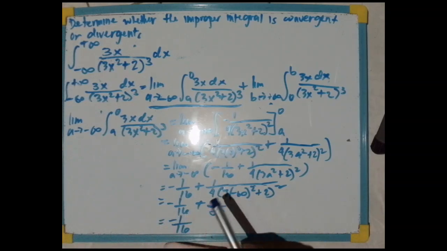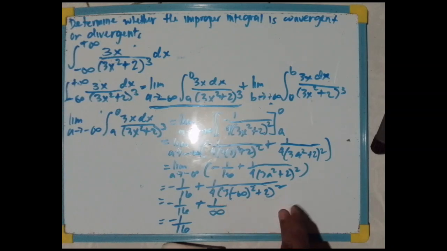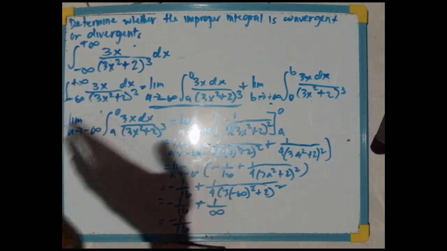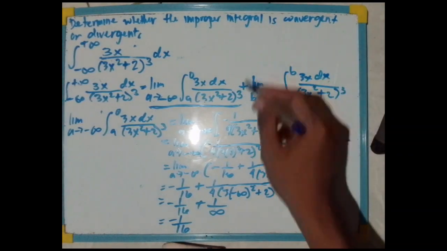So this denominator will become infinity, and now we have negative 1 over 16 plus 1 over infinity, and 1 over infinity, as we all know, is 0. So we are left with negative 1 over 16. So in this part we just have negative 1 over 16. Moving to the next, which is this one.